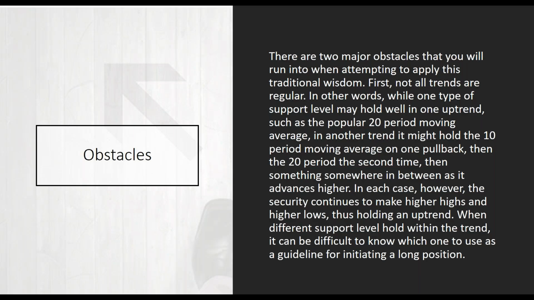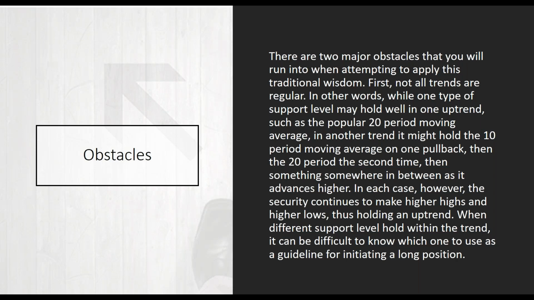So there are two major obstacles you will run into in attempting to apply this traditional wisdom. First, not all trends are regular. In other words, while one type of trend support level may hold well in an uptrend, such as a popular 20-day moving average, in another trend it might hold that a 10-day moving average on one pullback, then a 20-day period on the second, then something somewhere between as it advances higher.